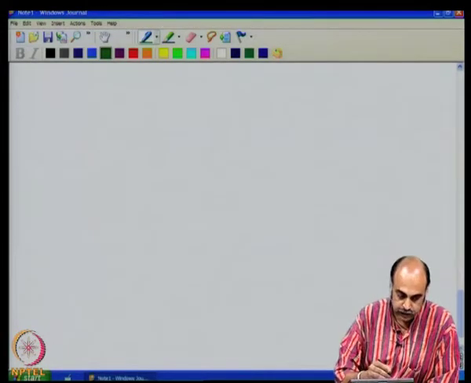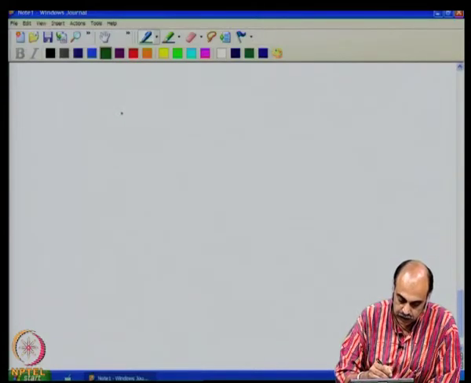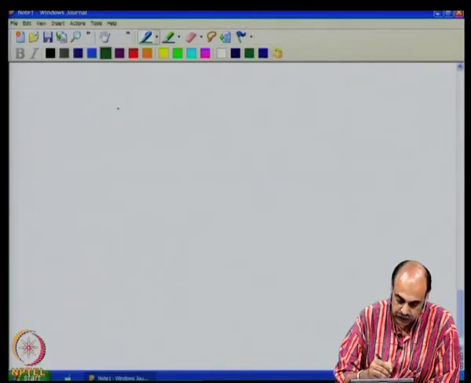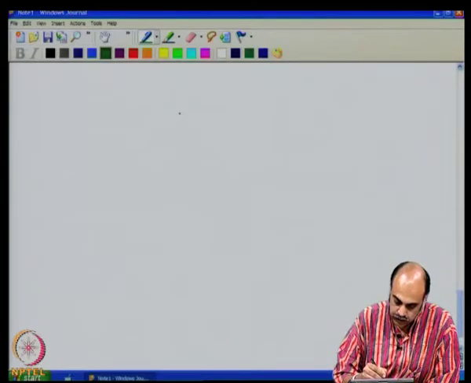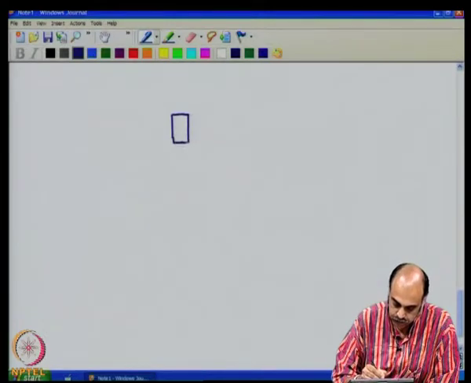There is another type of ground routing which is also pretty common, especially for two-sided boards. So, let me illustrate. Let us say we have some components placed like this.